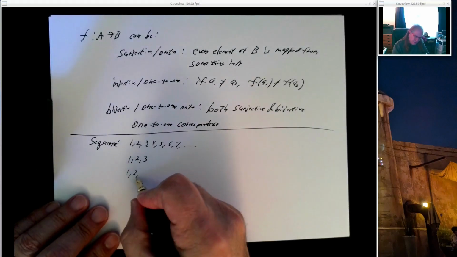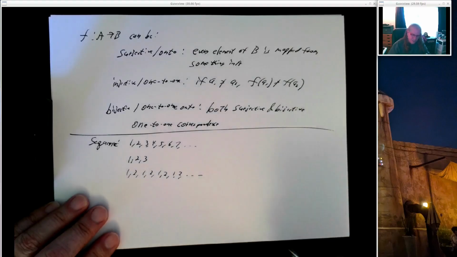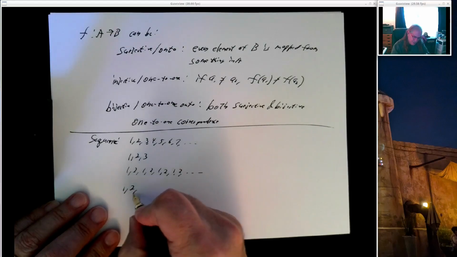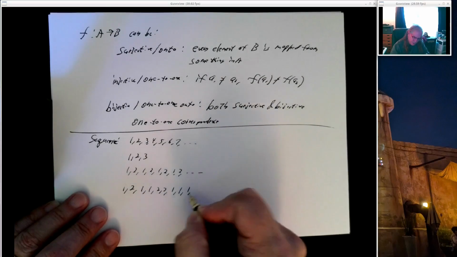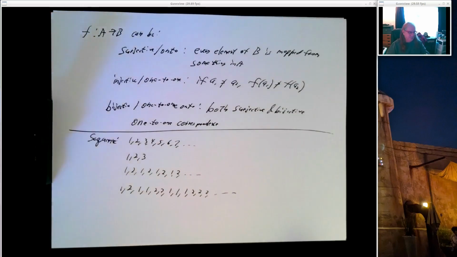It could be 1, 2, 1, 2, 1, 2, 1, 2. That's an infinite sequence. It could be 1, 2, 1, 1, 2, 2, 1, 1, 1, 2, 2, 2. That's another infinite sequence. It's just an ordering of things.